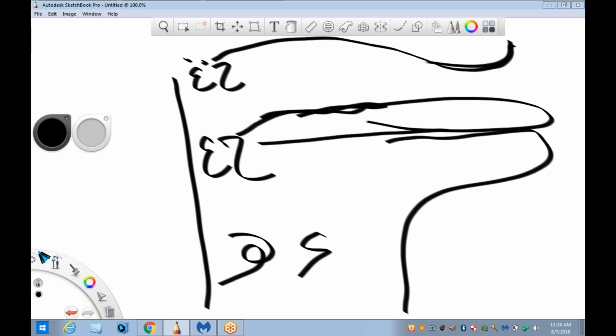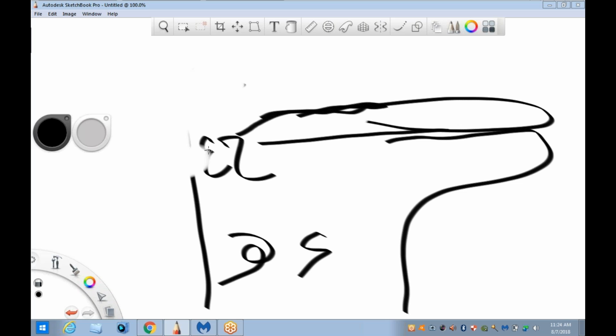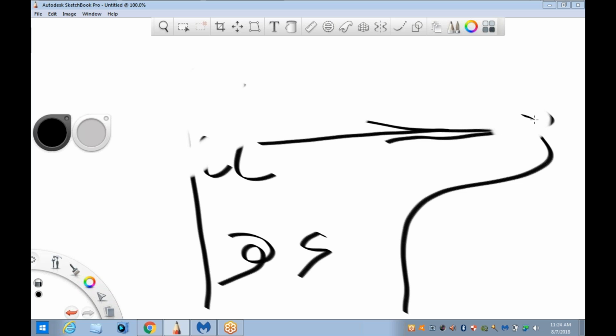The makhraj has to do with where. The sifat, the description, is how it's pronounced. We're going to erase this now and deal solely with the ain and the ha. We're going to take our time and seek Allah subhanahu wa ta'ala's assistance.